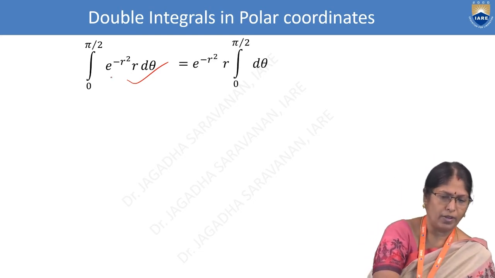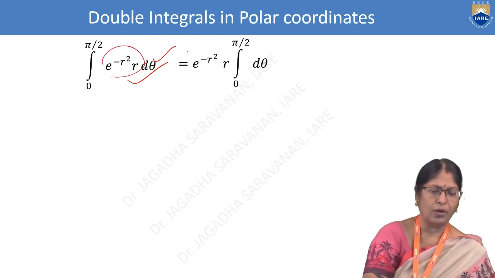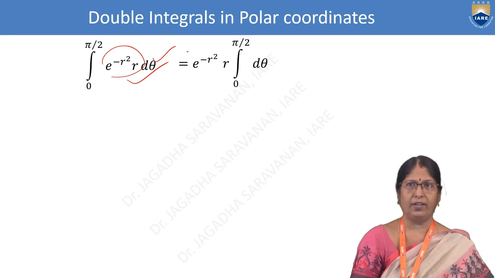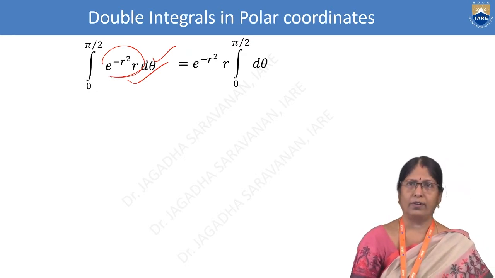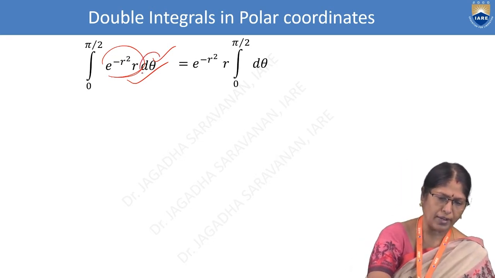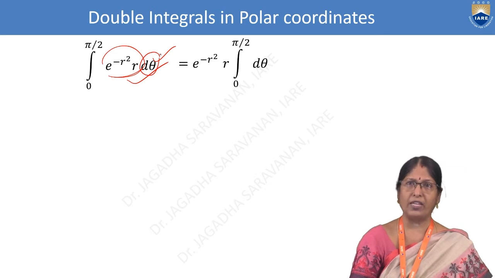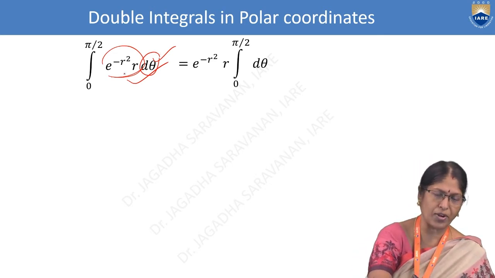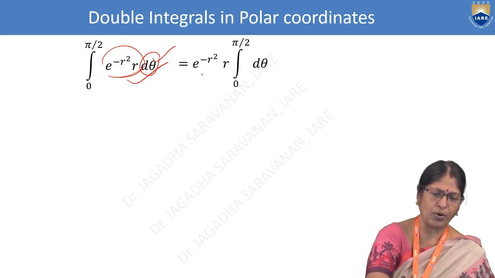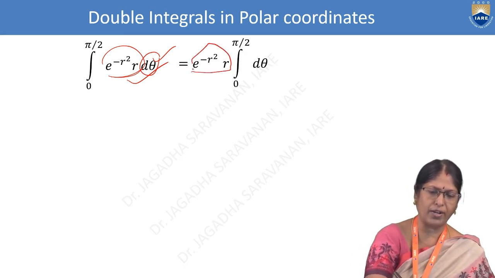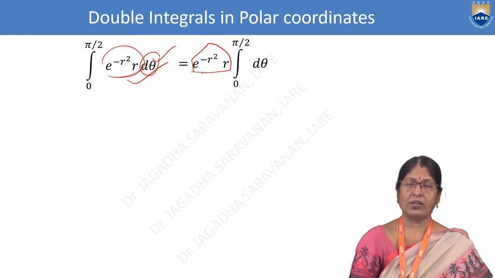Now, here the integration is with respect to theta, so r is not connected to it. When doing integration with respect to theta, r is treated as constant. That is the reason we have written the r terms before the integral.